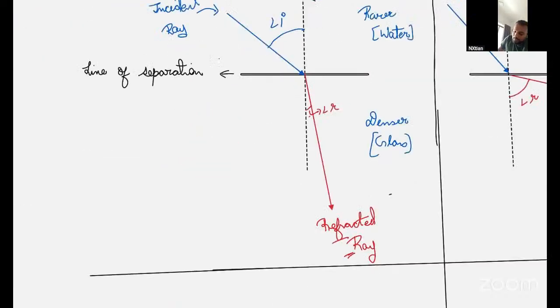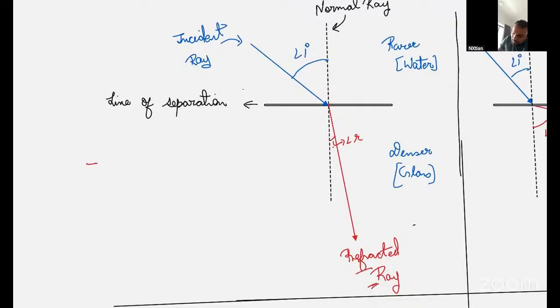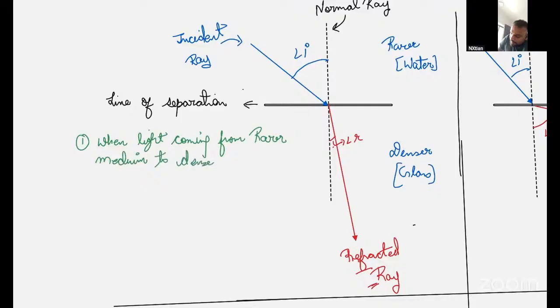So in this case, what happens? We will write some points. The first point is, when light is coming from a rarer medium to a denser medium, light moves towards the normal.